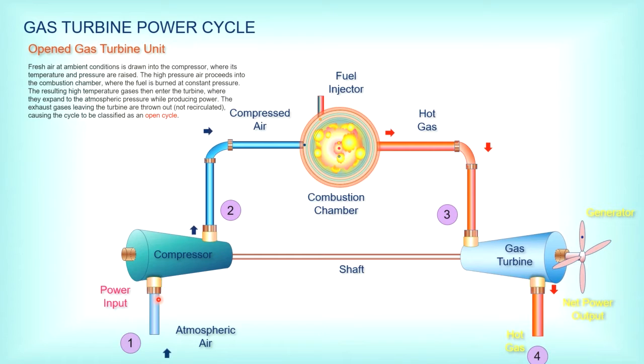from the atmosphere. So this hot gas will go into the gas turbine, where it undergoes isentropic expansion, and work, or mechanical energy, is extracted to move some other components.